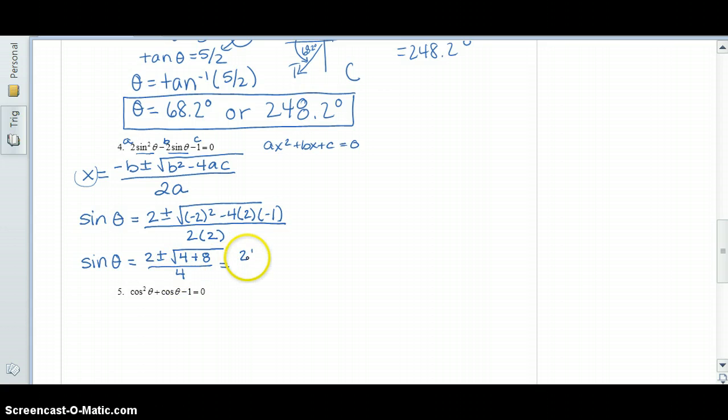So that equals 2 plus or minus the square root of 12 divided by 4. Now you could go ahead and simplify this, but we're really just interested in getting a decimal out on our calculators. So we need to do it when we add the square root of 12, and we need to find out what sine of theta is equal to when we subtract the square root of 12.